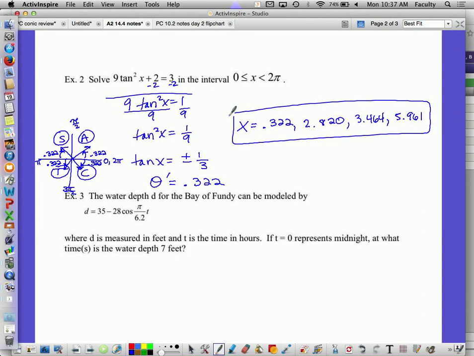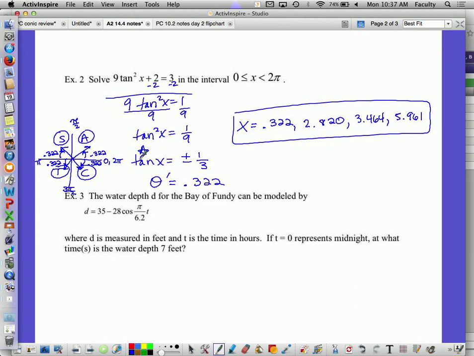All right, let's go back over this one more time because this is one of the most difficult types. And it sounds like you guys have it down. You get your squared term alone. The most common mistake is that we forget the plus or minus 1/3, so be careful with that one. Second, when it's not on the 30-60 or 45-45 right triangle or the circle, you go to your calculator.